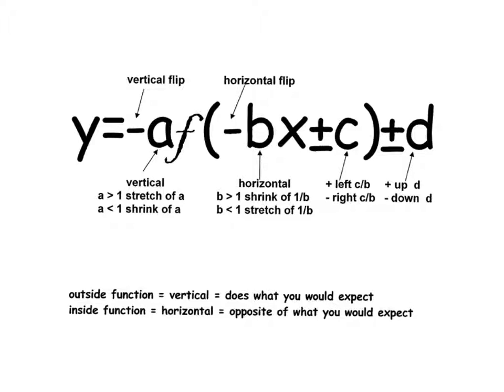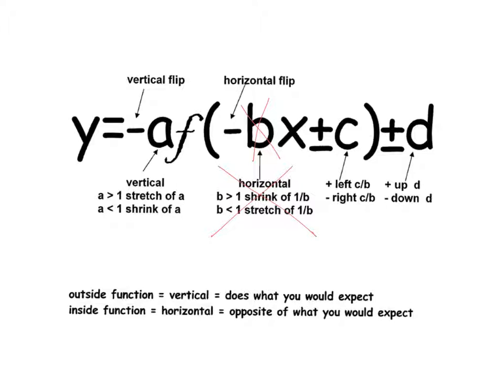This formula applies to all the parent graph functions, and it's helpful to identify A, B, C, and D in each problem. Not every problem will have all of those. In fact, for your book, they don't do the horizontal stretching or shrinking at all, so you don't have to worry about the letter B for what we're doing today.